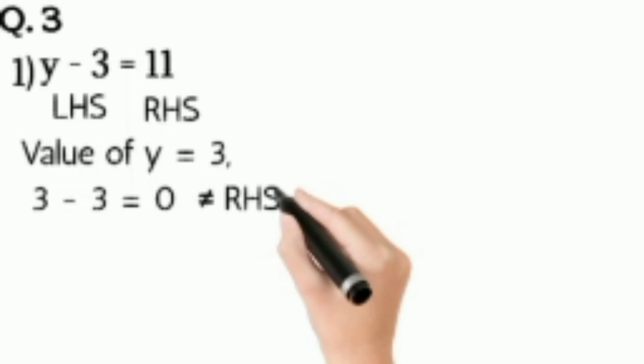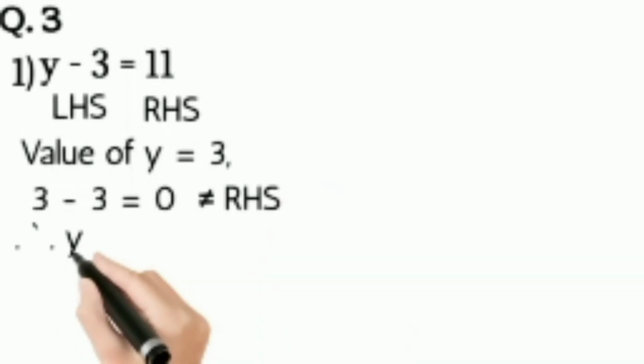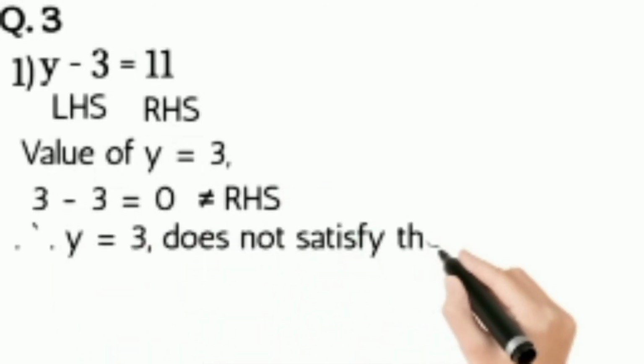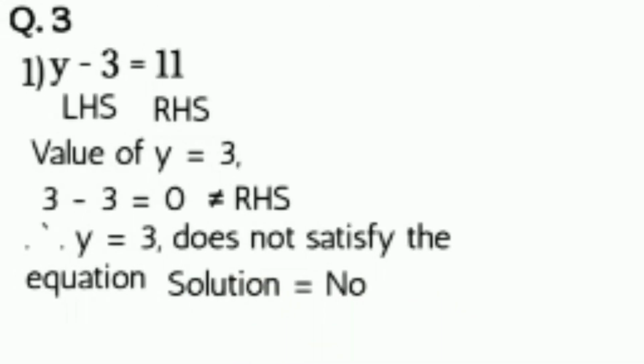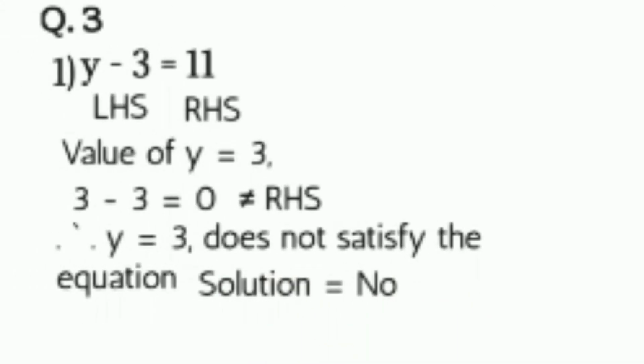So, y is equal to 3 does not satisfy the equation. Therefore, y is equal to 3 is not the solution of the equation. So, here in the place provided for solution, they have asked you to write yes or no. So, you will write there no.